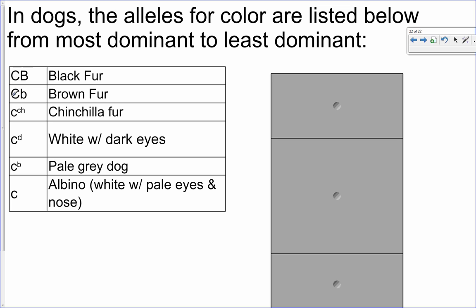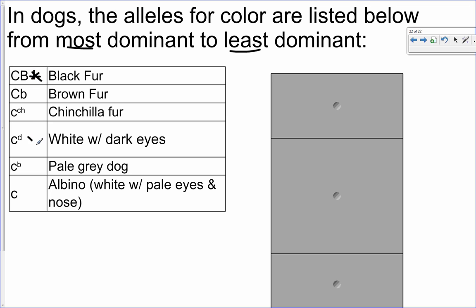So there are some implications you have to think about when you're doing your Punnett squares. So what genotypes could give you a dog with brown fur? Well, that would be any combination of big C, lowercase b, with anything equal to or less than it. So big C, lowercase b, remember that's an allele, that's an allele. That would give you brown fur.